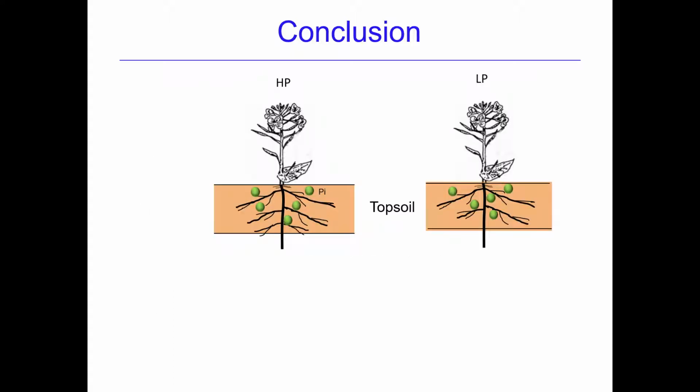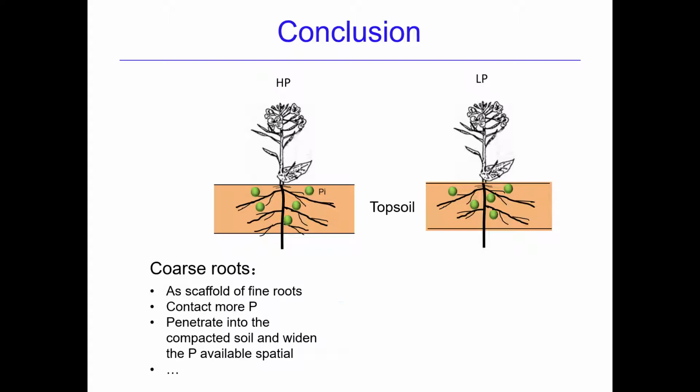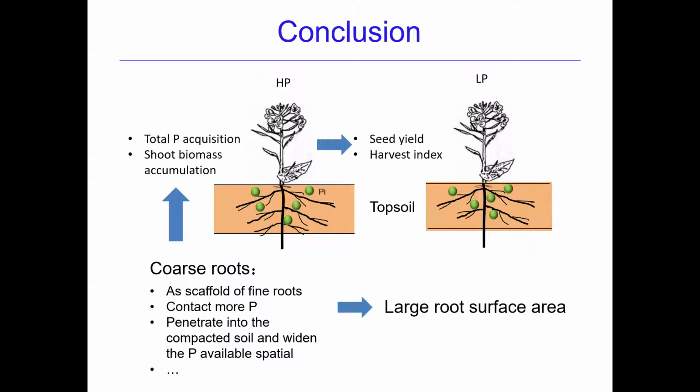And for Brassica napus, we found that maybe the establishment and elongation of the coarse root in the topsoil may improve the penetration ability into the soil in heterogeneous soils, and the coarse root acts as the scaffold for the root proliferation and widens the root surface area to take up more phosphorus.